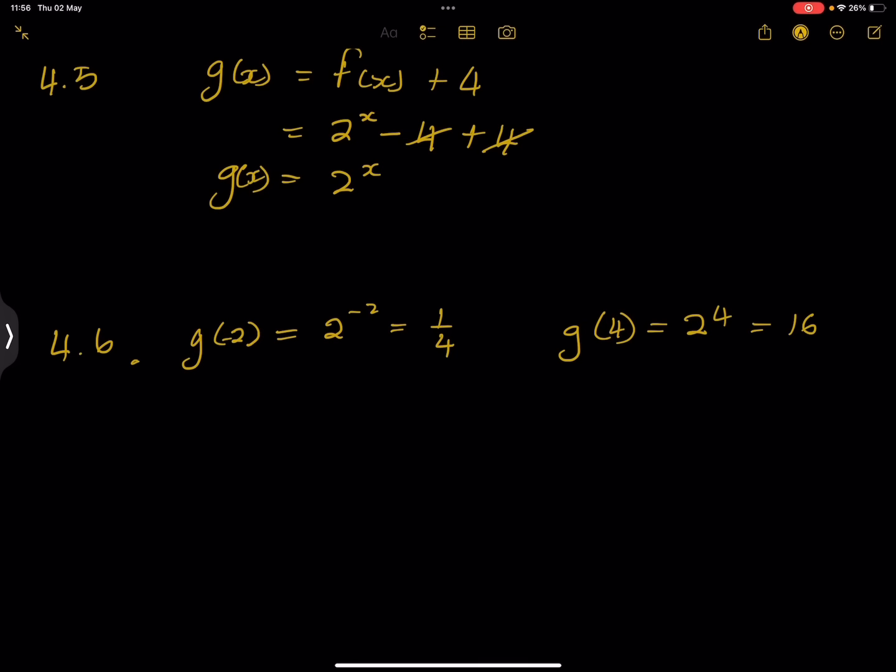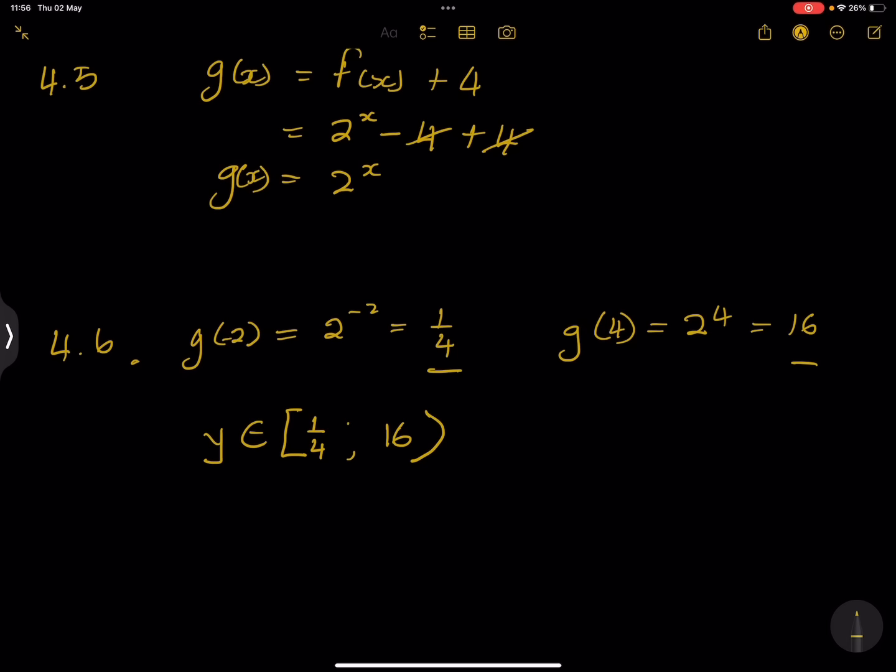So what becomes our range of the graph of g? Remember, this now becomes the range. So y would be an element of, now remember at negative 2 the graph existed, so we will have 1 over 4 all the way up until 16. That would be the range of the graph of g. But remember, in fact, this would not be included because the graph doesn't exist there.